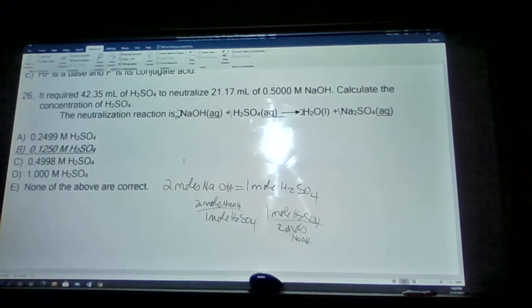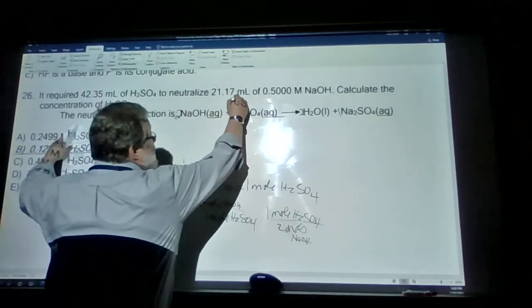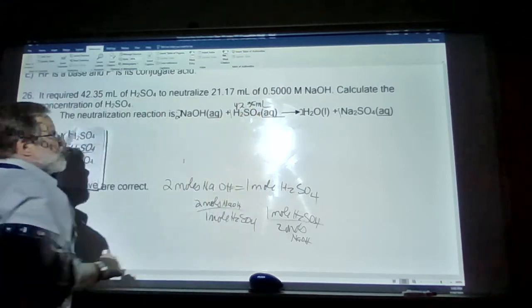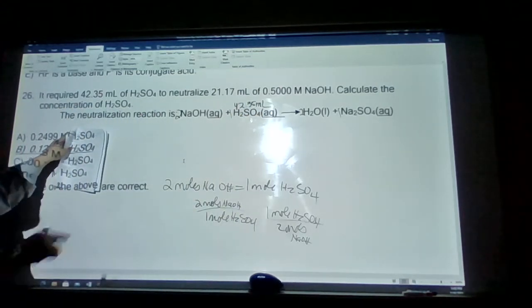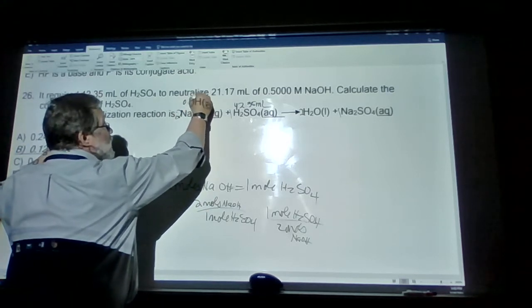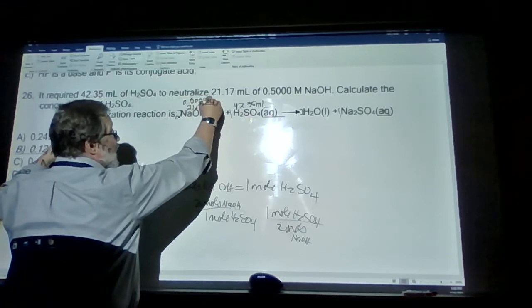From our equation, we know that we have 42.35 ml of our sulfuric acid solution. We know from our NaOH it was 0.500 molar, and we had 21.17 ml of it.